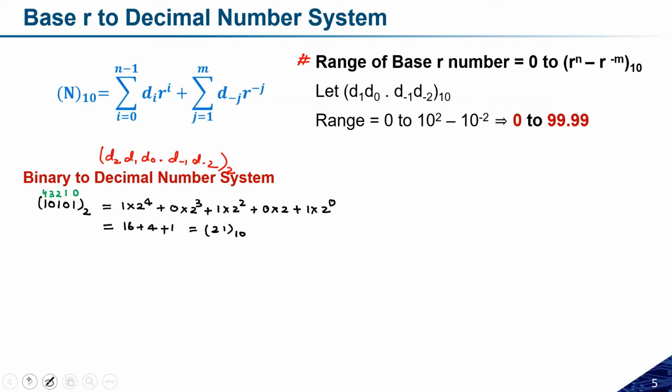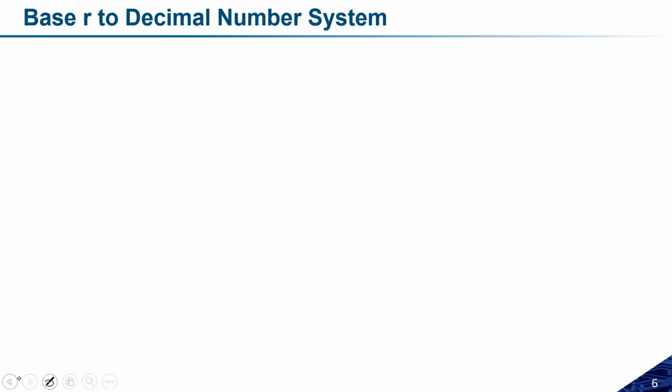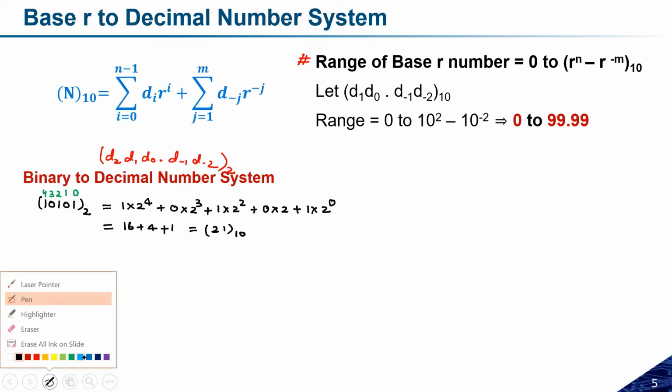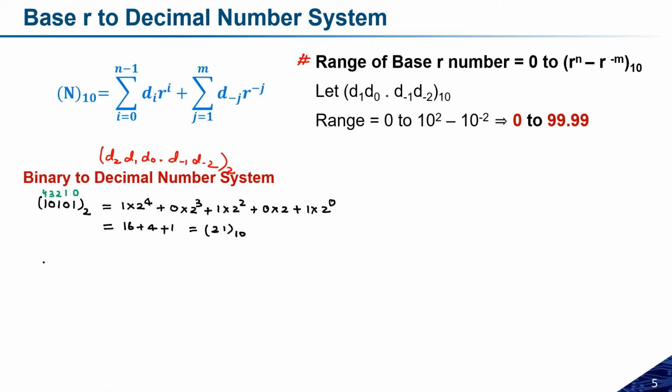Similarly, let us consider one more example, then we can move ahead. Let us assume I have a number something like 1101.101. If I have to convert this number into the decimal number system, simply I have to place the positions. The left hand side will be 1 into 2 to the power 3 plus 1 into 2 to the power 2 plus 0 into 2 to the power 1.